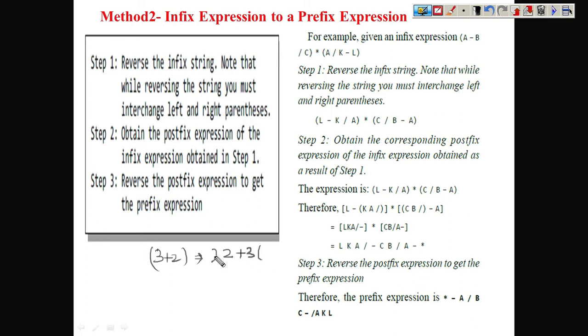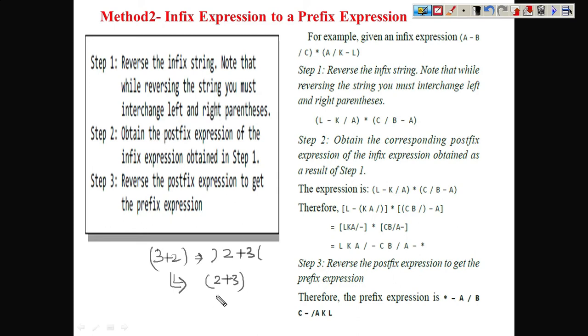But keep in mind, these brackets must be changed, which means the right will become left and the left will become right. So you reverse the entire string, and just keep in mind that left and right parentheses will be interchanged also.